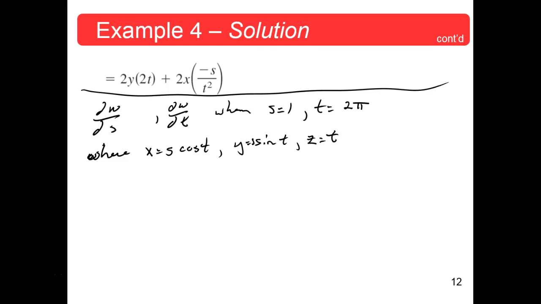Okay. Now, what we're looking for is the partial of w with respect to s. Okay? I don't like the order in which they're doing this.